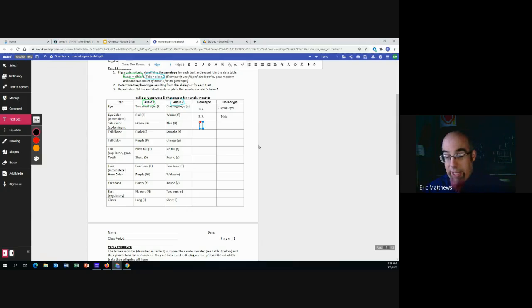So I am going to get a capital G, capital B, 1 of each. And because it's codominant, remember, codominant means you get both of them together at the same time. No difference. They're both going to show up. So its phenotype is going to be green and blue.